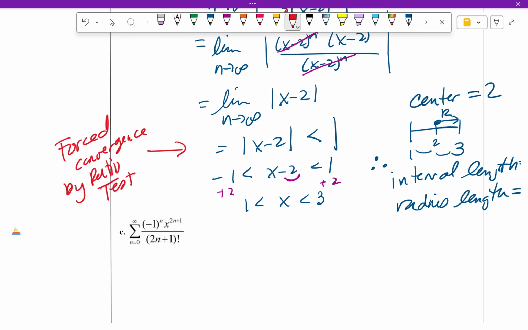Which you're going to have to do somewhere on the AP test. It is by definition of the ratio test that absolute value converges as long as it's less than 1. Okay? Any other questions?